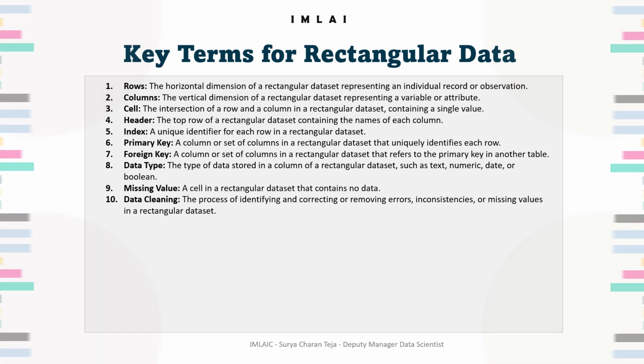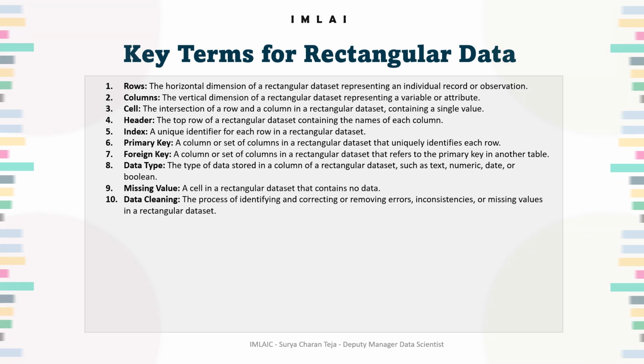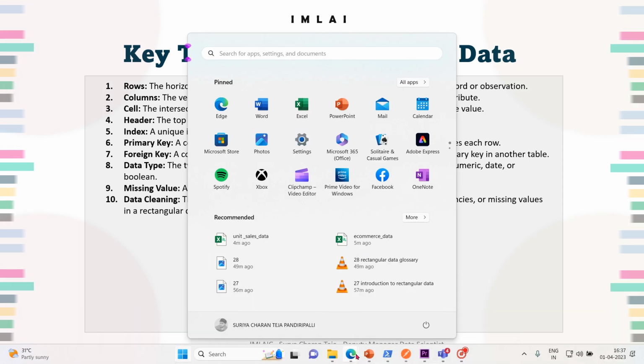What we did before was, if there are any inconsistencies or missing values, we remove those missing value cells or rows, and if you can, correct the values to new values. This whole procedure of removing errors or correcting errors, inconsistencies, and missing values, all together is called data cleaning.